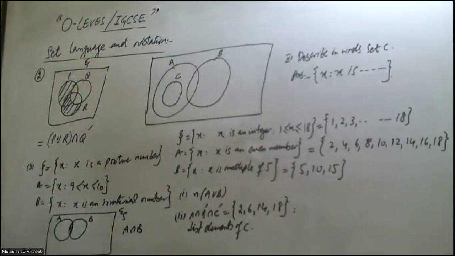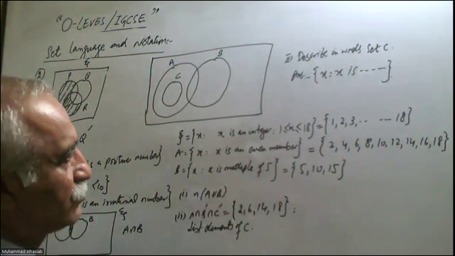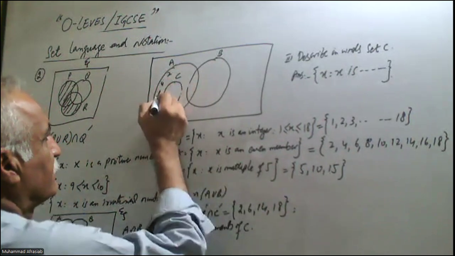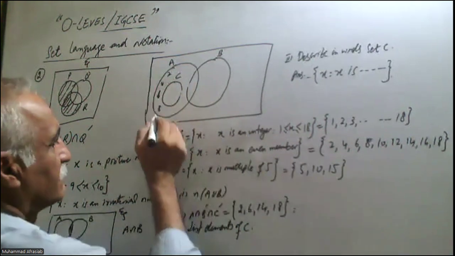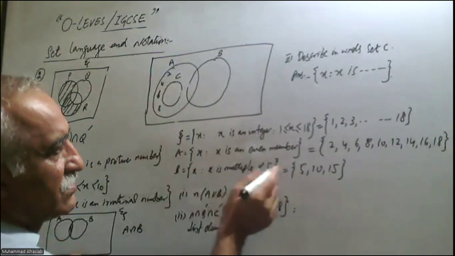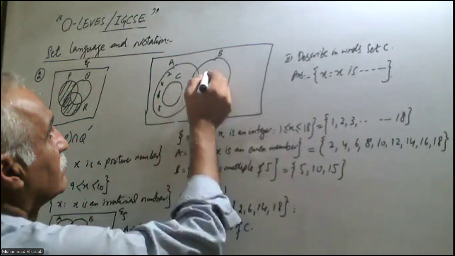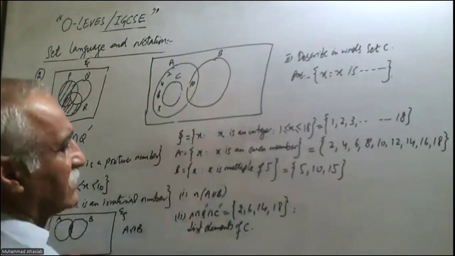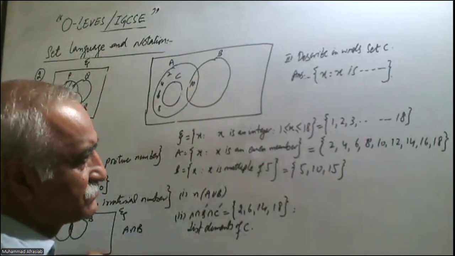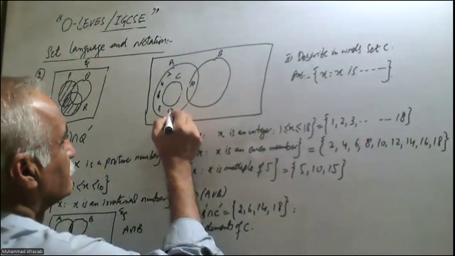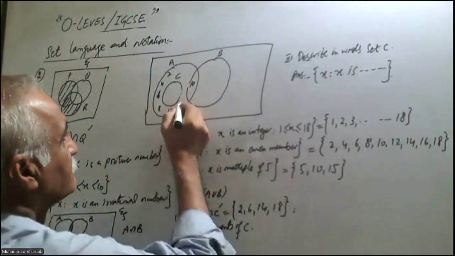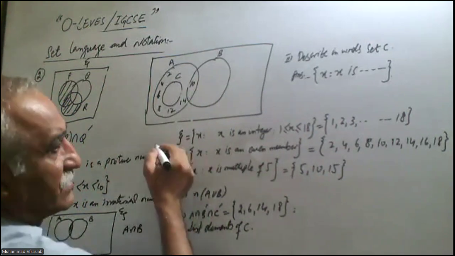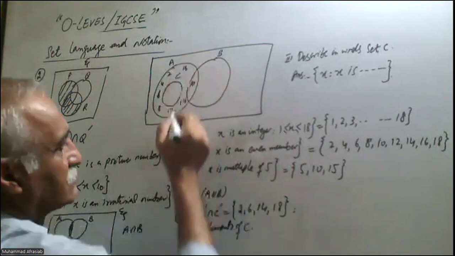So it is 1 till 18 there. A is 2, 4, 6, 8, 10, 12, 14, 16, 18.